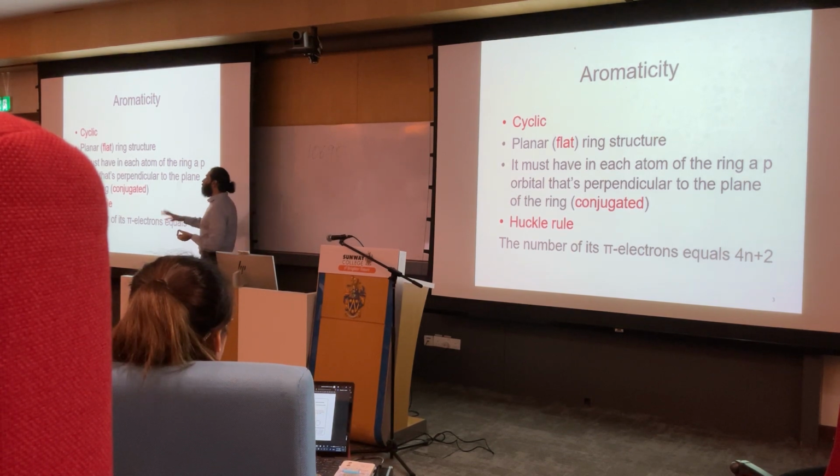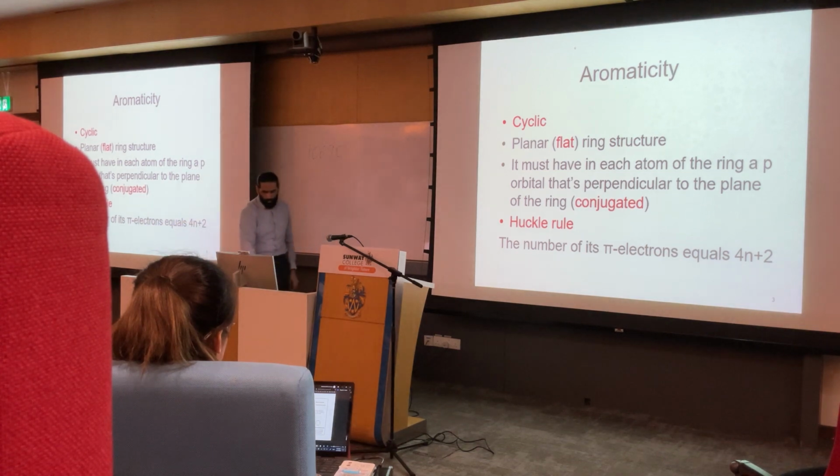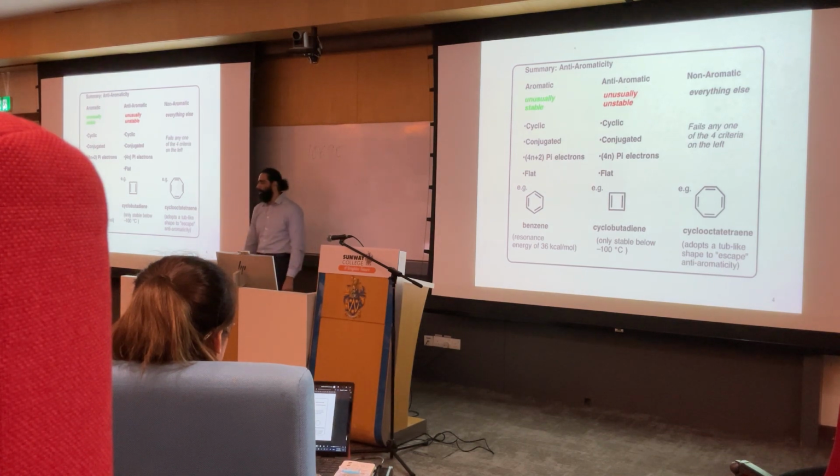I'm not saying pi bonds here, keep this in check, that we are talking about pi electrons in this case. Earlier I was talking about bonds, like alternative single and double bond. But in this case, we are talking about pi electrons. So the number of pi electrons in the molecule should be 4n plus 2. We'll look at these examples and you will understand everything.